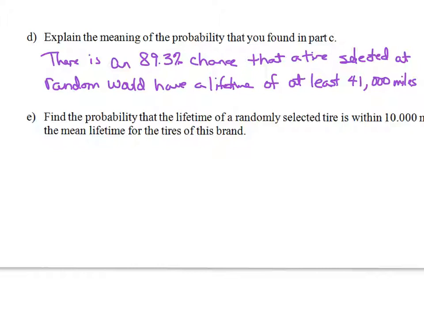Let's finish off tonight with this last probability. Find the probability that the lifetime of a randomly selected tire is within 10,000 miles of the mean lifetime for the tires of this brand.